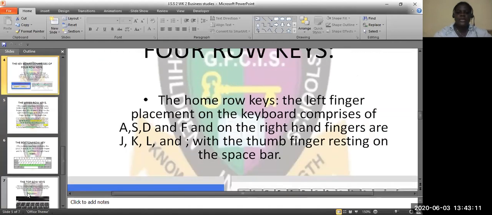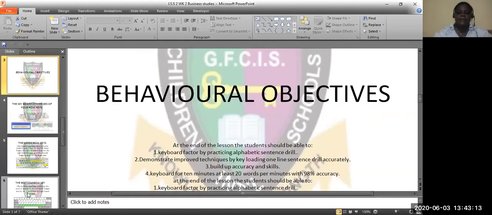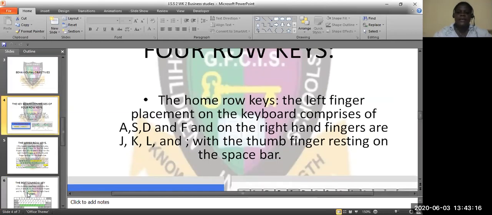They include the home row keys, which is number 1. The second one is upper row keys. The third one is bottom row keys. And the fifth one is the functional keys, which is the top row keys.